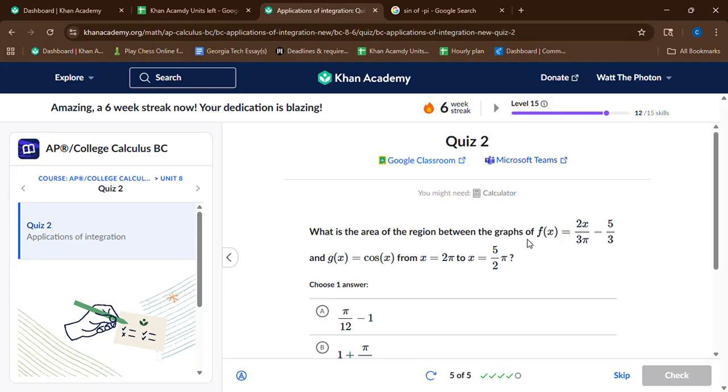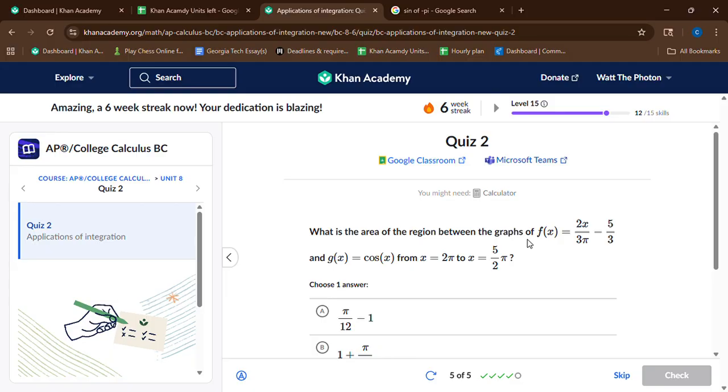That is, the integral of cosine is sine, sine of x, not c.